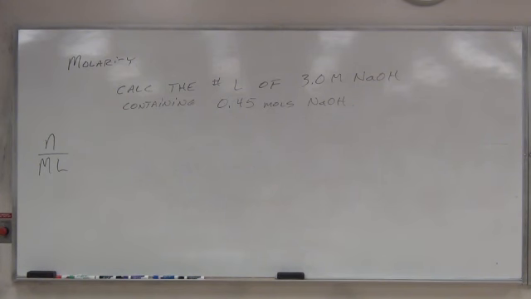Take a look at this. Give me the volume in liters of 3 molar NaOH that contains 0.45 moles of NaOH.